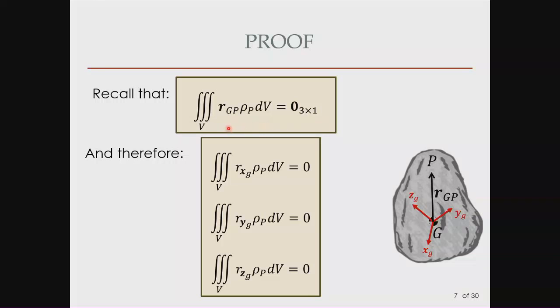And what I'm doing here, this RGP is a vector. It has 3 components, but this is the 0 vector. So I can just explicitly split this RGP into its 3 components, the x, the y, the z components. And these are rxg, ryg, rzg. So these 3 are the scalar equations corresponding to this vector equation.